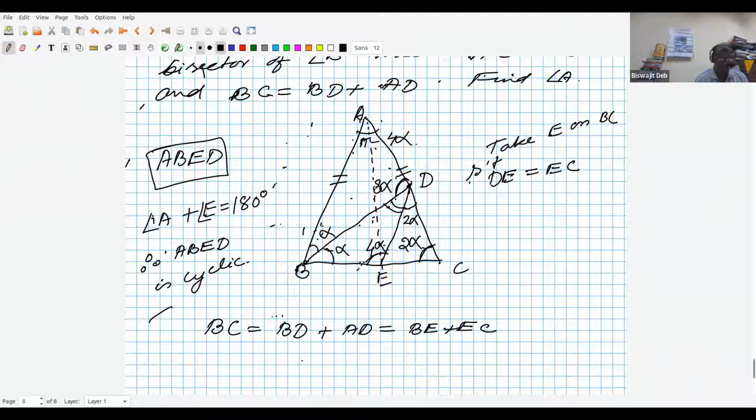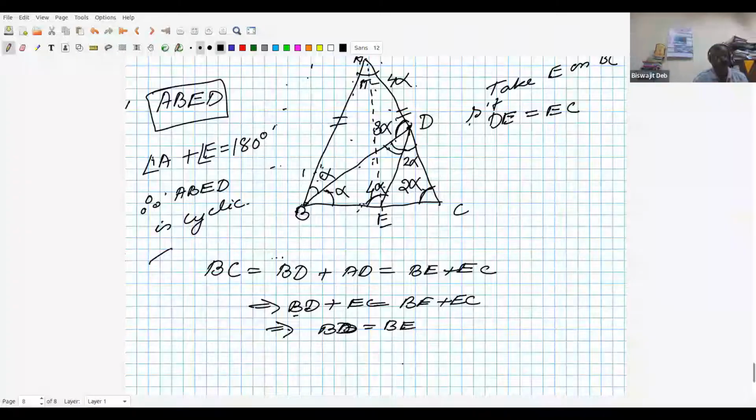So this implies BD plus EC, as AD we have taken the same as EC. So EC is equal to BE plus EC. And this implies that BD is equal to BE.